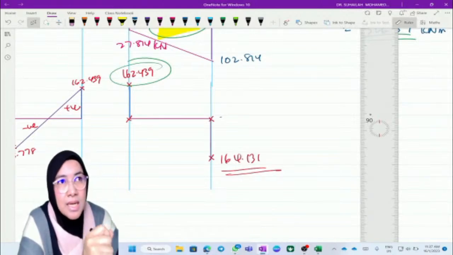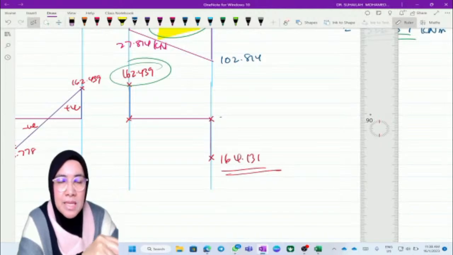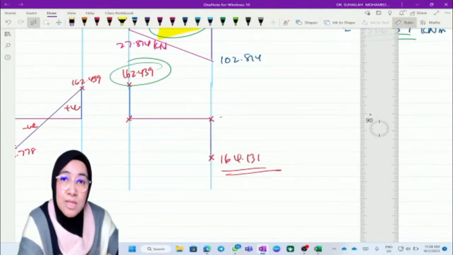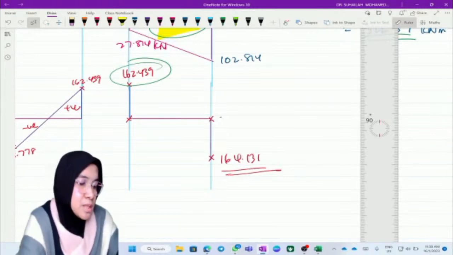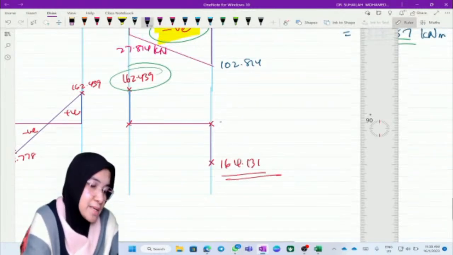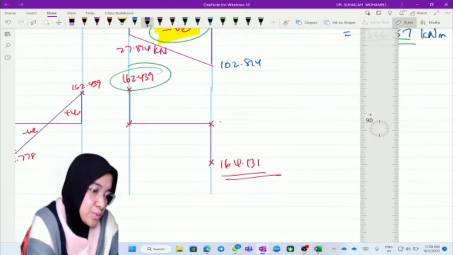The detail line for this curve we can get from the equation, by substituting x value. Doesn't matter, just draw like this, without maximum moment.